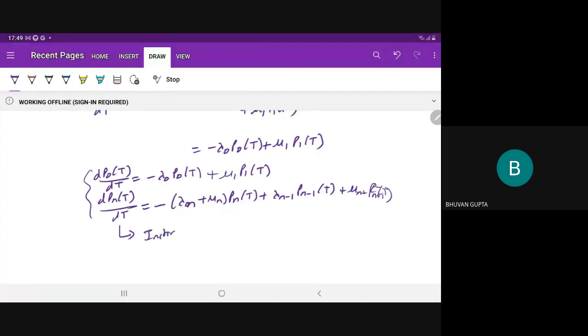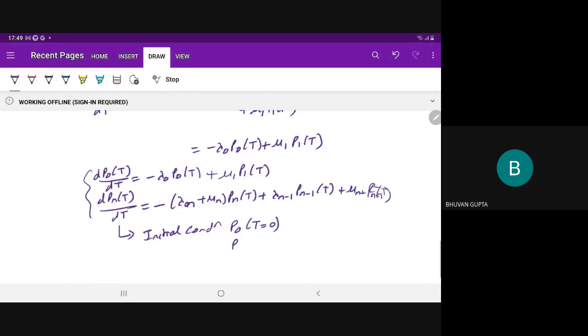So the initial condition can be that at the time t is equal to 0, there is no customer. What should be the probability? It should be 1 and the rest should be 0, for n is equal to 1, 2, 3 and so on. So these are the initial conditions.